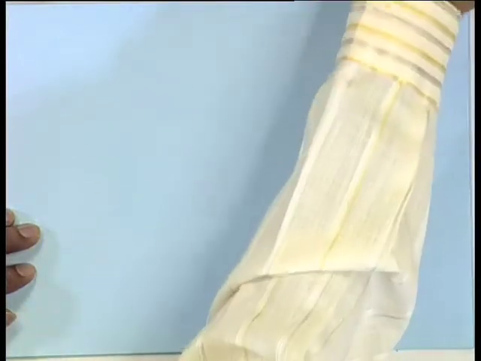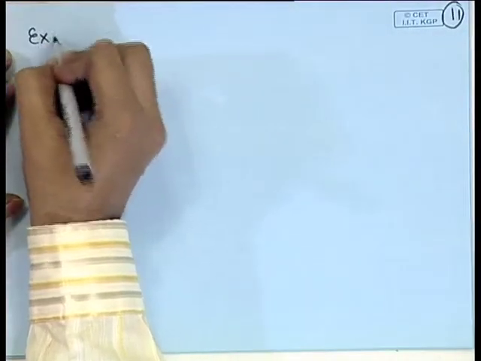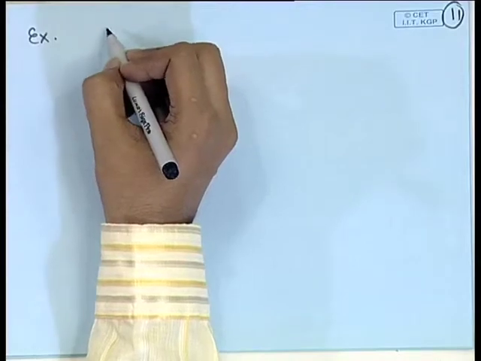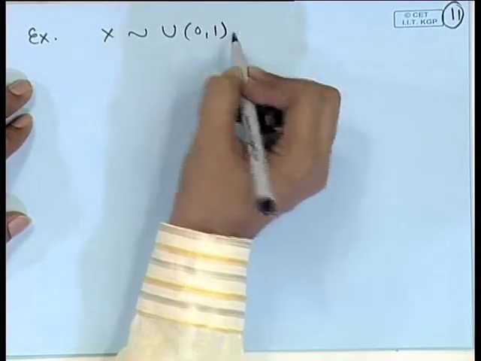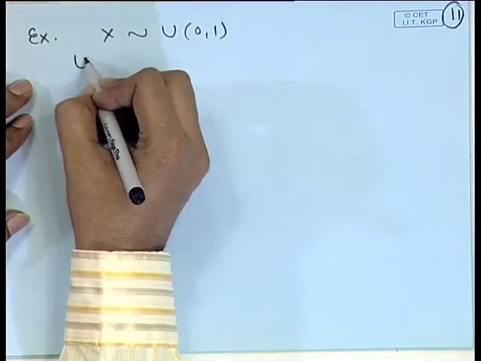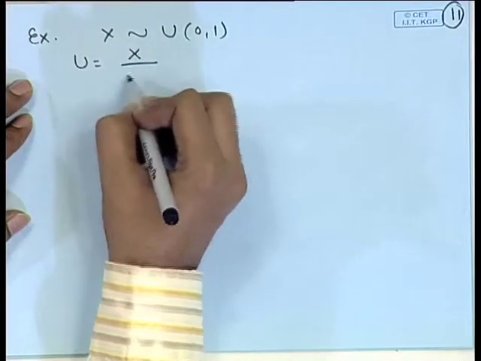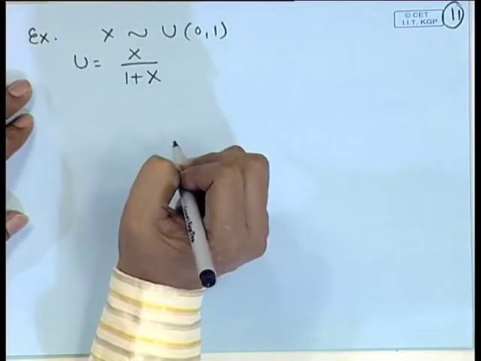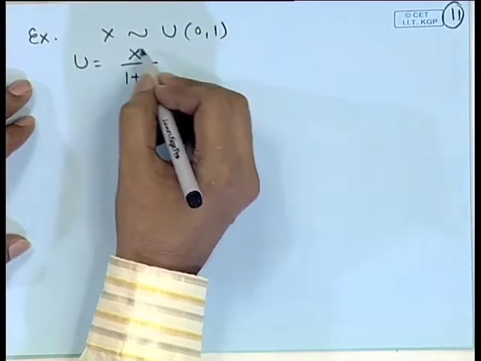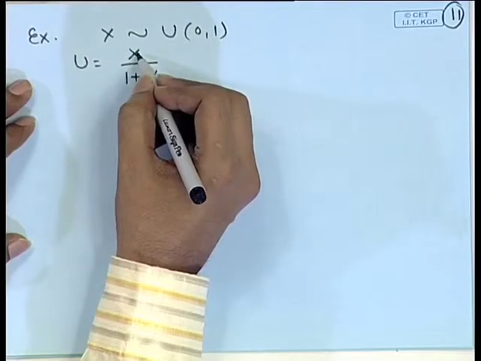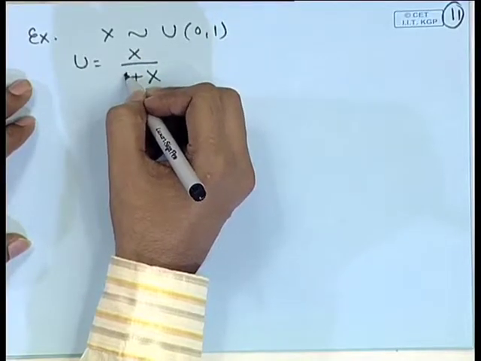So, let us look at another example. Say x follows uniform 0 1, and we define random variable u is equal to x divided by 1 plus x. Now, again you can see here that this is a 1 to 1 function.